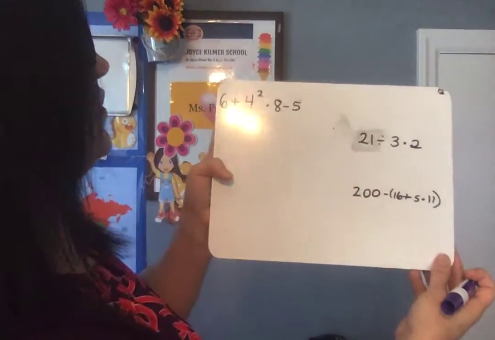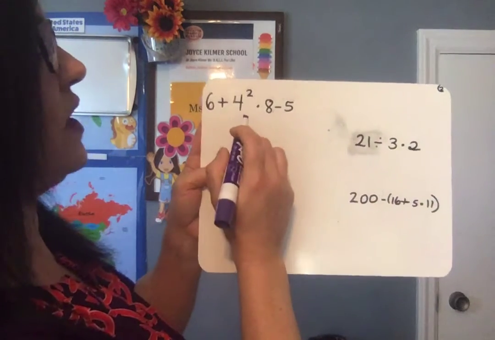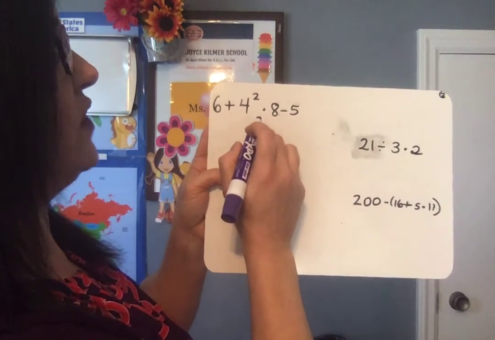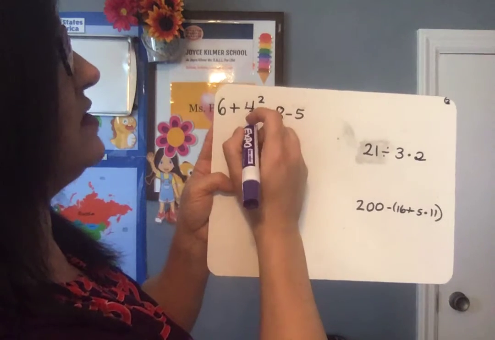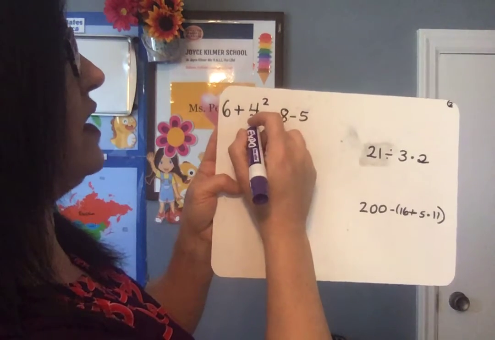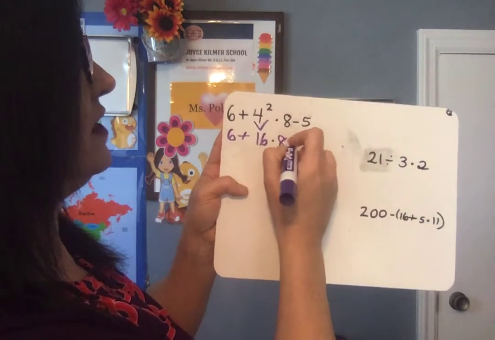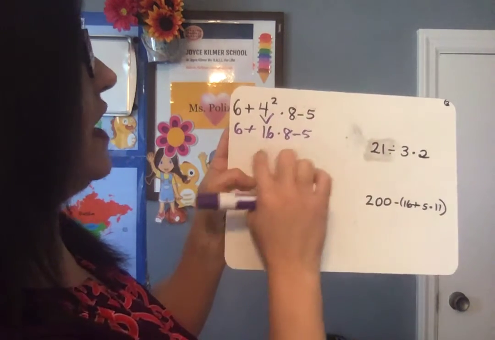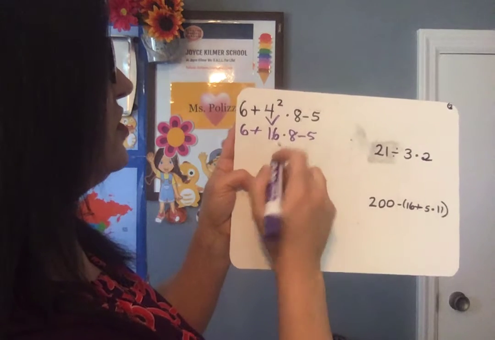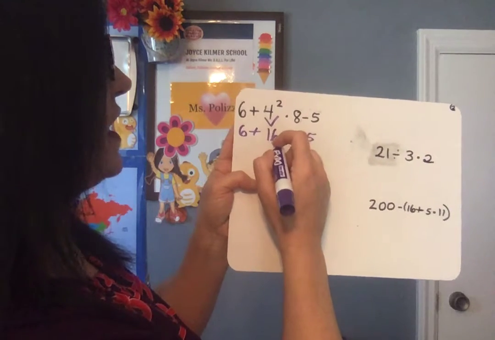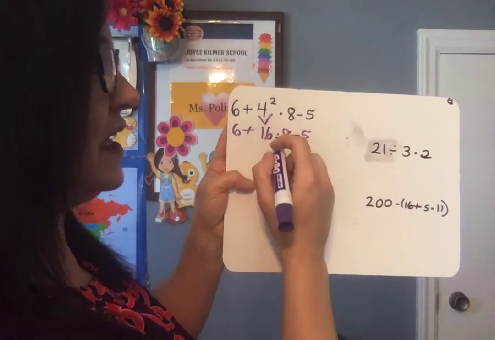All right, so the first one is 6 plus 4 squared times 8, take away 5. So we have exponents. We know that we'll do that first. 4 squared is 16, right? Multiply or divide, I have multiplication right here. So I have 16 times 8.